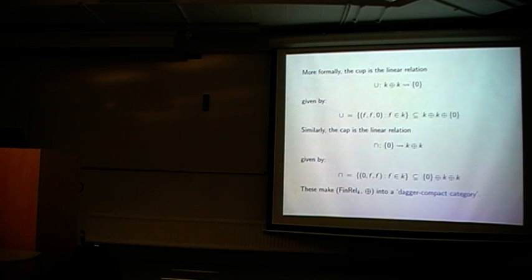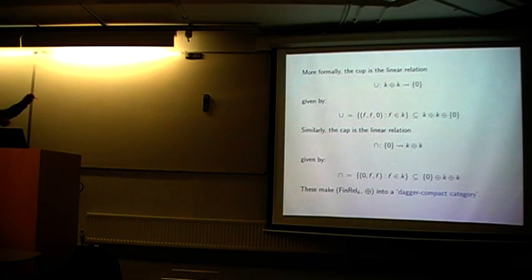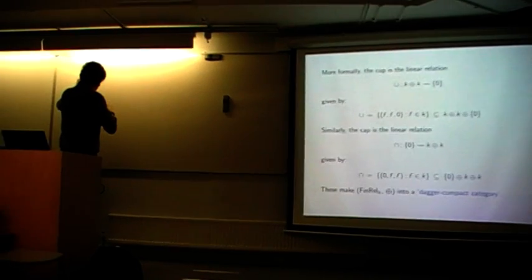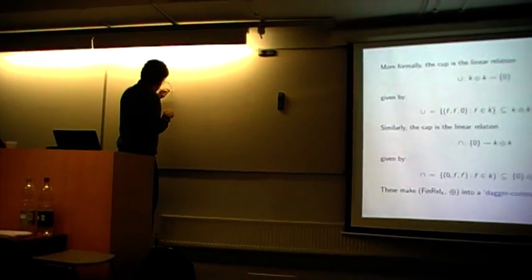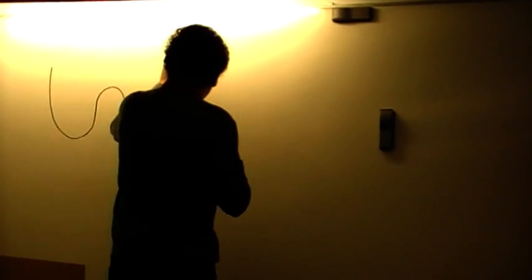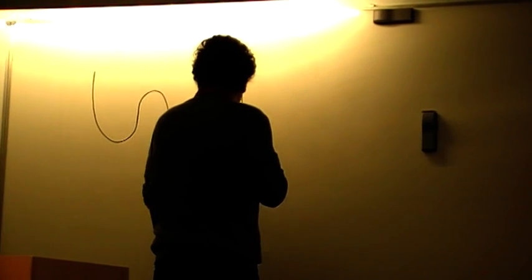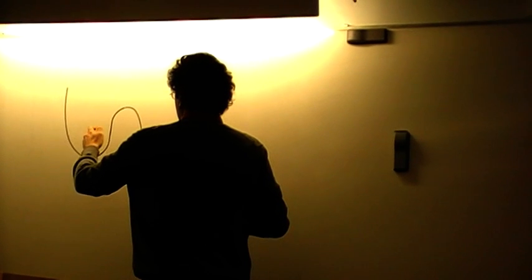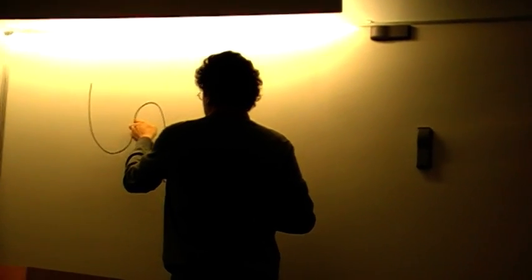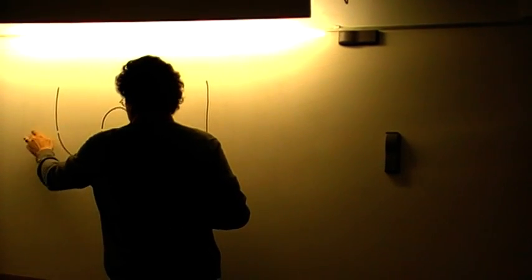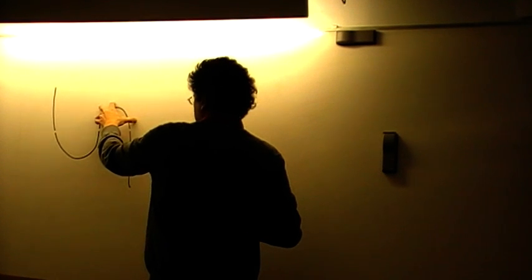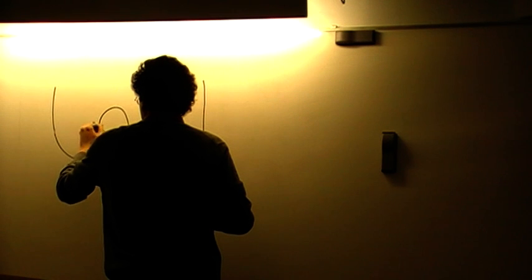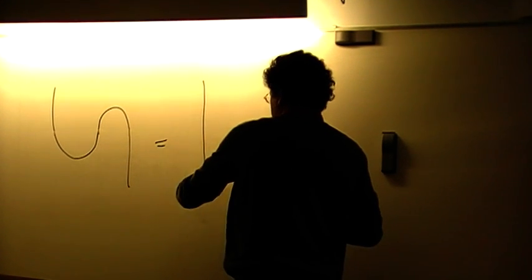I don't want to go into it in detail, but the compactness amounts to an identity that holds for the cap and the cup, which is, for starters, this. If you think about slicing it this way, I'm composing the identity tensor the cap with the cup tensor the identity, and that's just equal to the identity.